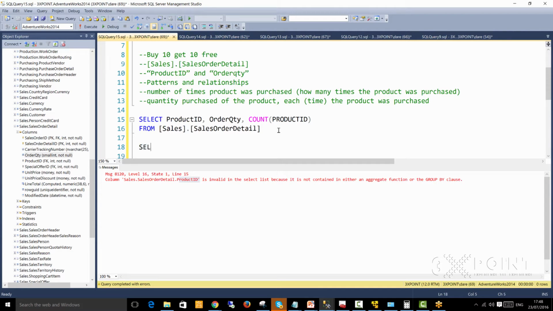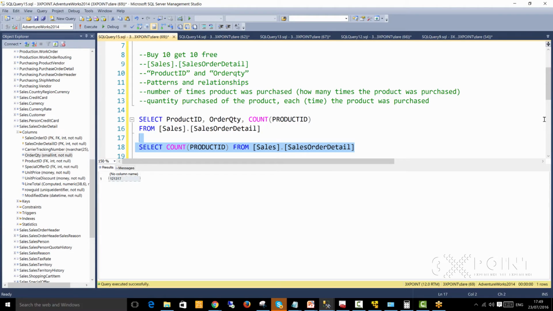Let's say I did select count product ID from this table. If I select this and run, I would have a count. What this has just done is it has counted all the product ID from this table. It's different from sum. We're not summing.